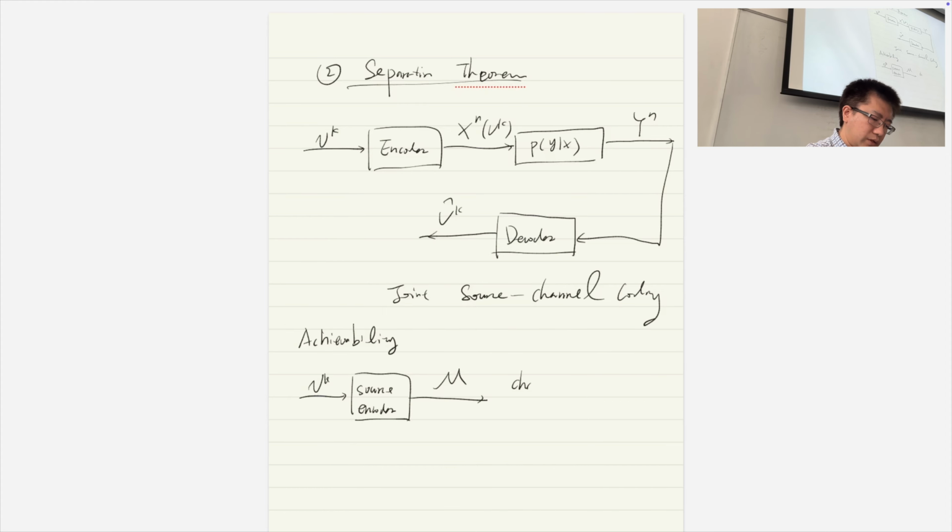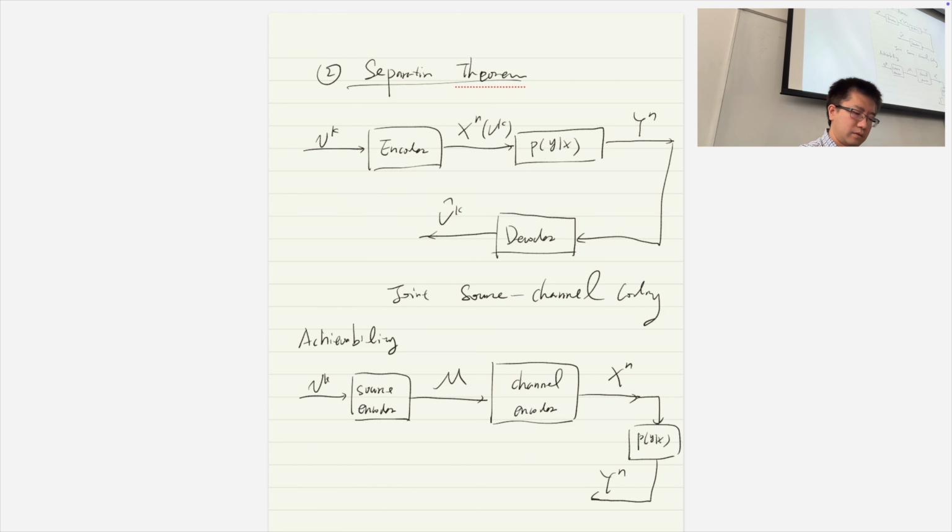And then we have a channel encoder, and then we can have a channel codeword. We pass that through a channel, and then we get some received signal, and we pass that through a channel decoder.